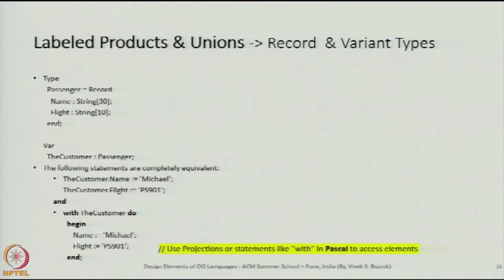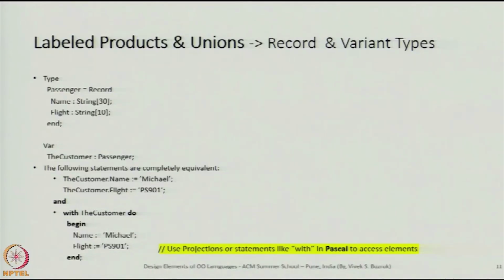So this is a Pascal example where you are defining what is called a labeled product, okay, labeled product. If you look, a passenger is defined as a record with name and flight. And here is a very interesting part, the kinds of statements that evolved and the kinds of type expressions that are required.